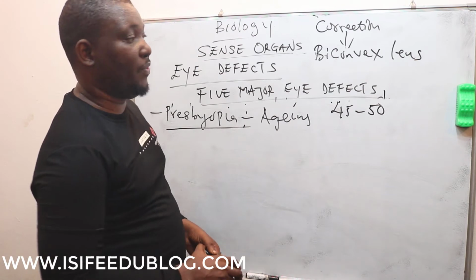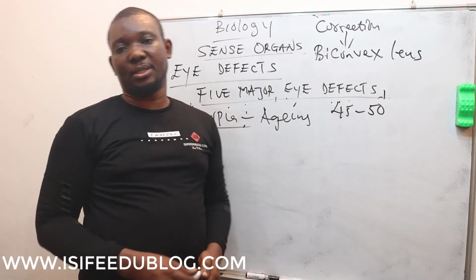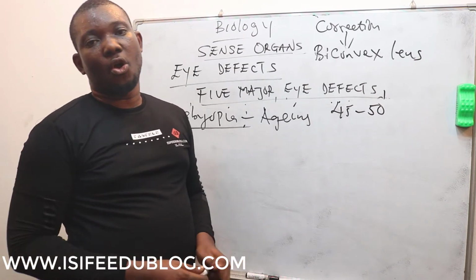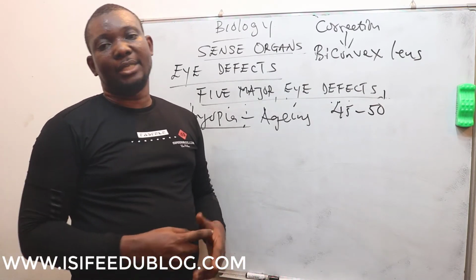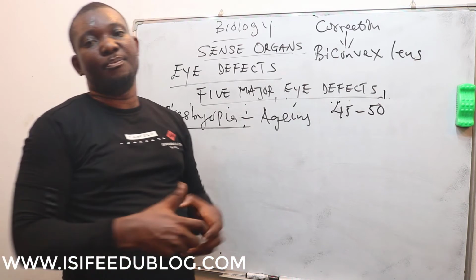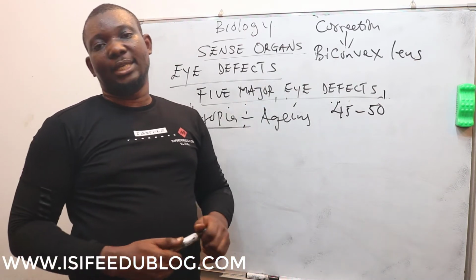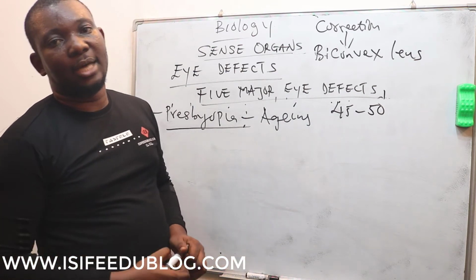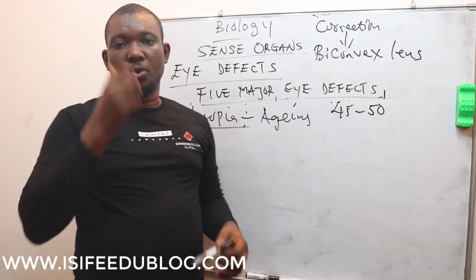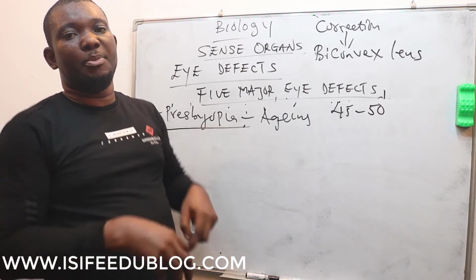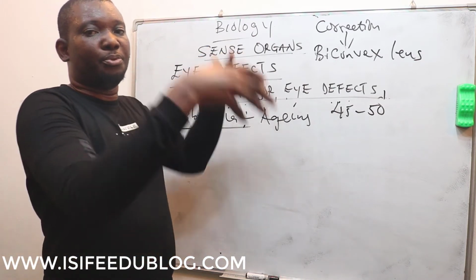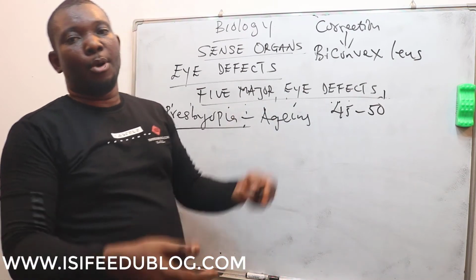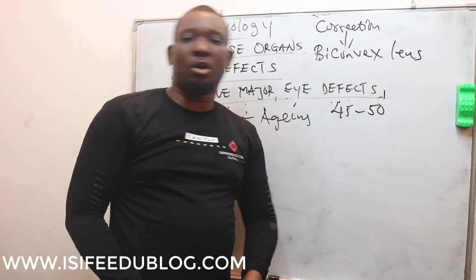This is where some of these muscles, the ciliary muscles and the radial muscles, are slacking or becoming weak, so that they cannot hold the lens firmly, and the lens is not properly focusing or accommodating light. This can lead to the image not being brought to focus on the retina but before or at the back of the retina.